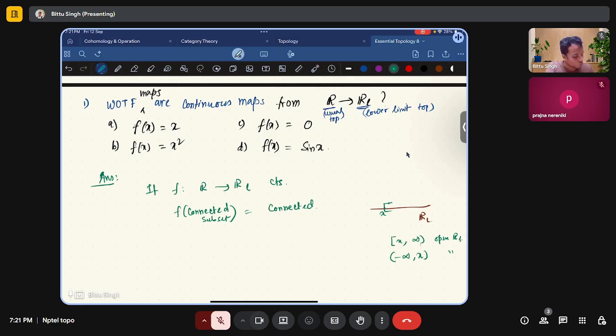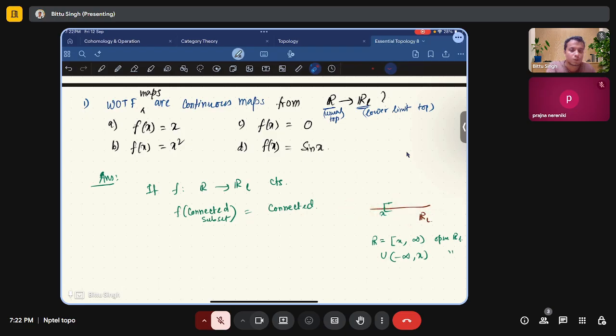So R can be written as a disjoint union of these two open sets, and X belongs to one component. If X and Y are two different points, Y belongs to one component and X belongs to another component.